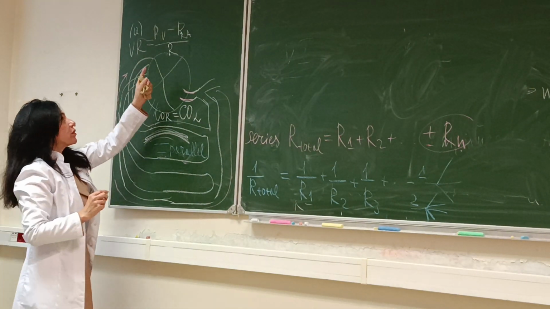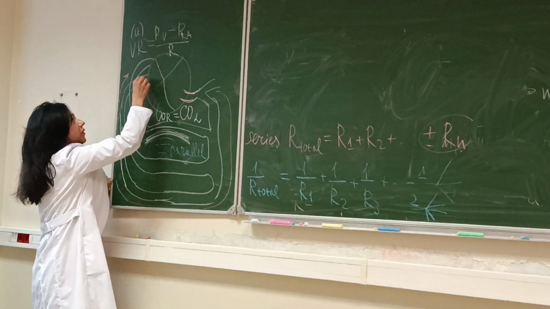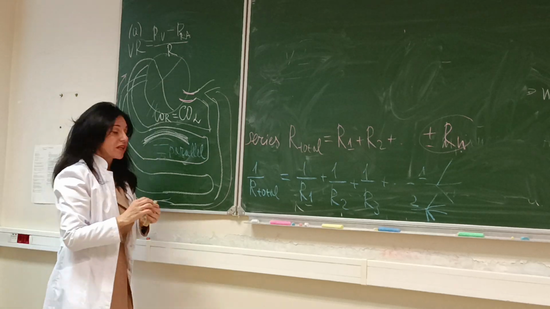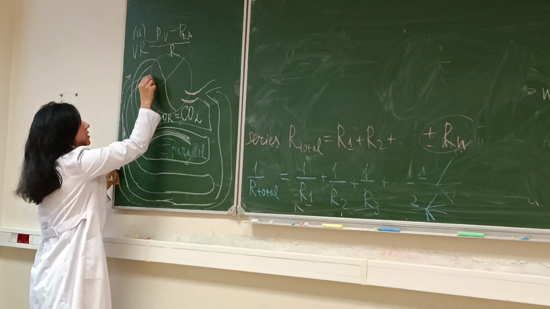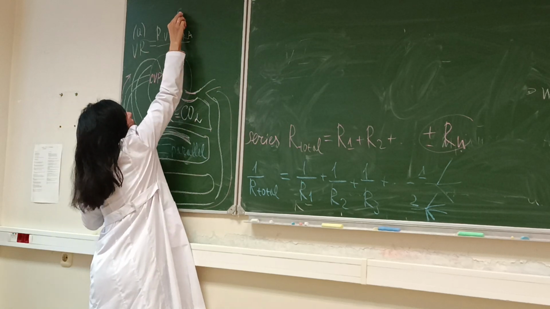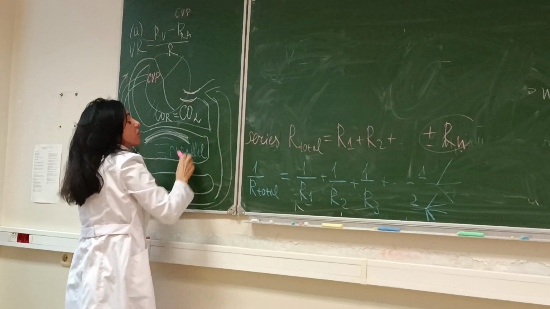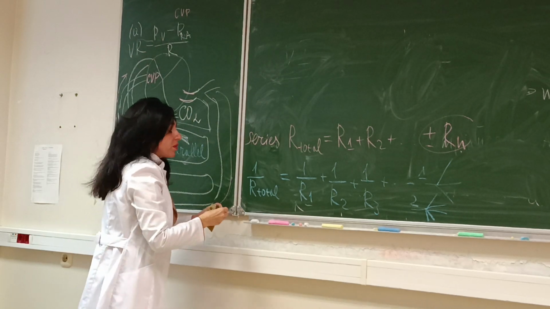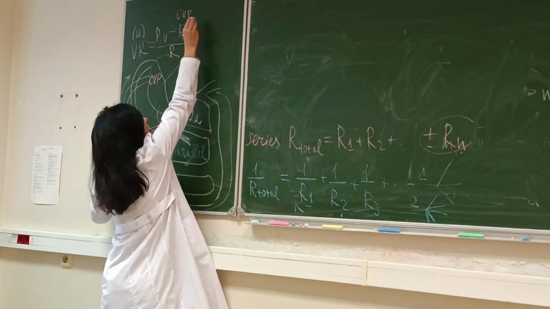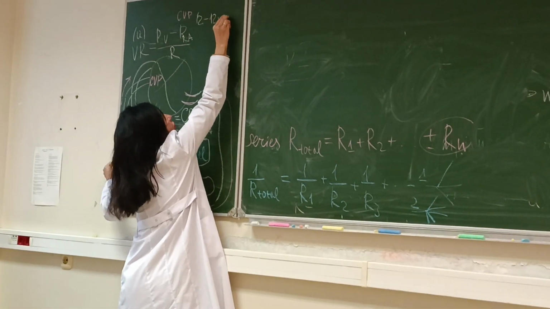What is the name of blood pressure inside the right atrium and the end of vena cava? Central venous pressure. Normal central venous pressure changes between 2 and 12 millimeters Hg.